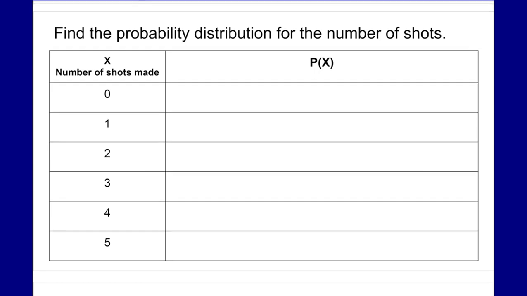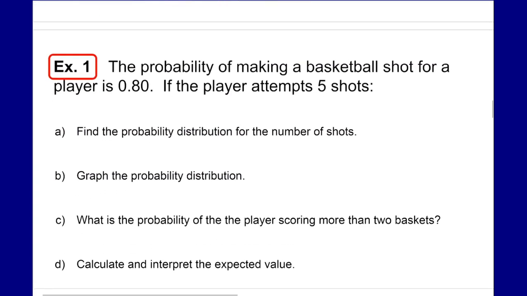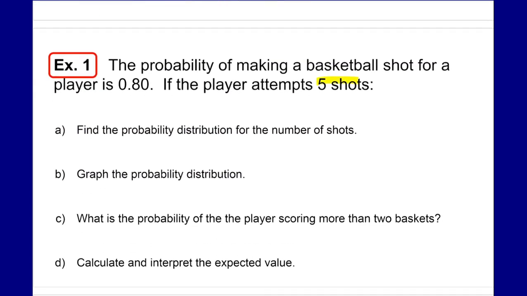A couple things we want to consider. Looking at that, we'll actually go back up. If we go back up to the scenario, we have 5 shots, which is our n value. And we have the probability of making a shot, which is 80% or 0.80.